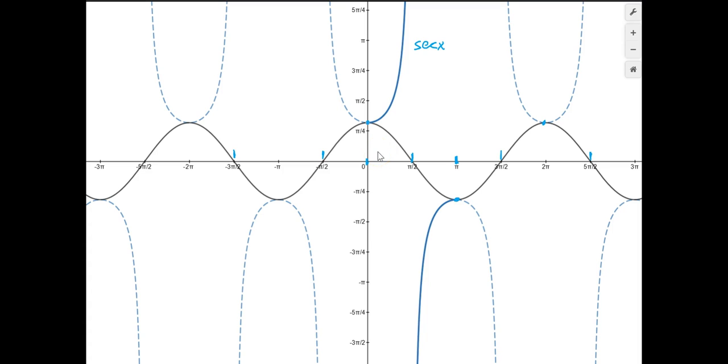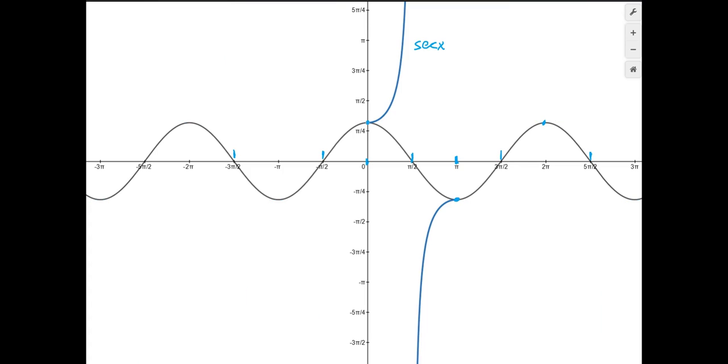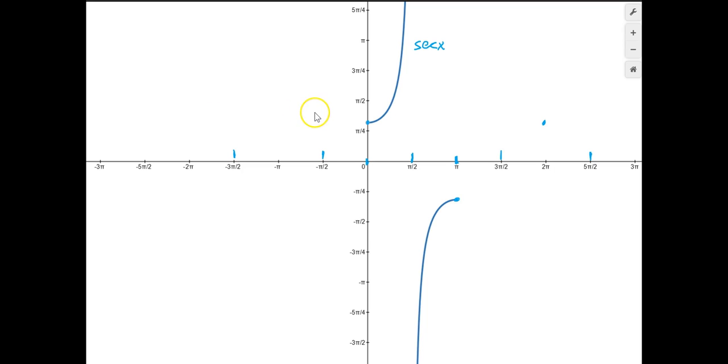So we're only going to look at this part that's in dark blue now, the solid dark blue curve right here and here. And everything else we're just going to throw away. And let me get rid of the graph of the cosine. There you go. So this is what we have to find the inverse for.